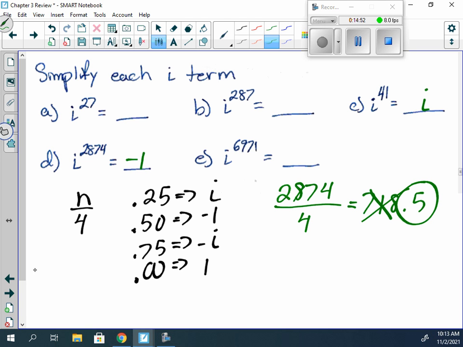What is 74 divided by 4? It's going to be something, I think, 0.5 if we do, because 25 times 3 would be 75. 74 divided by 4. What'd you get? 18.5.